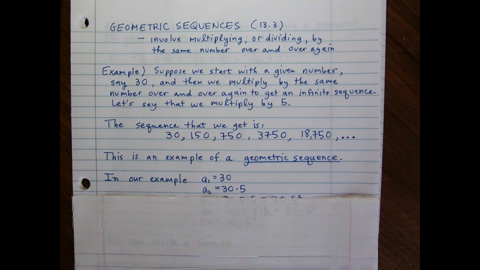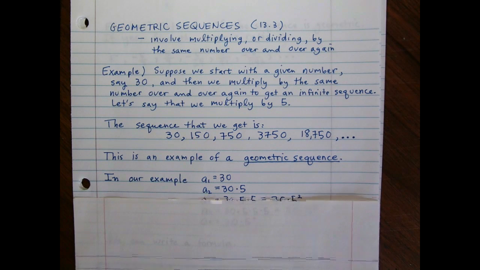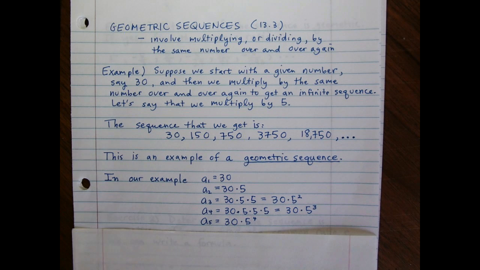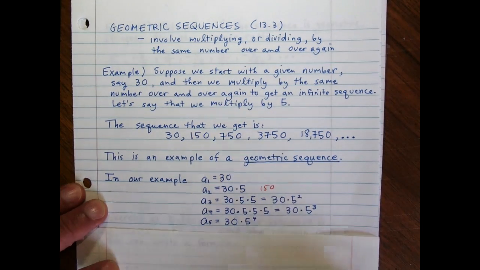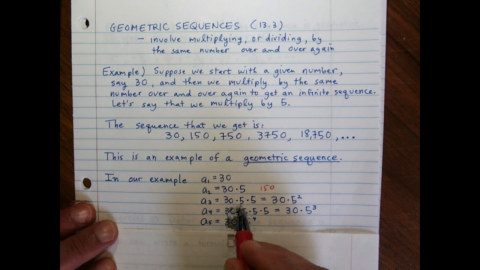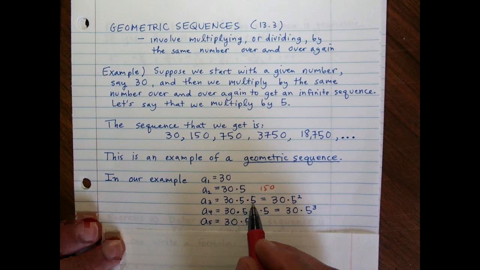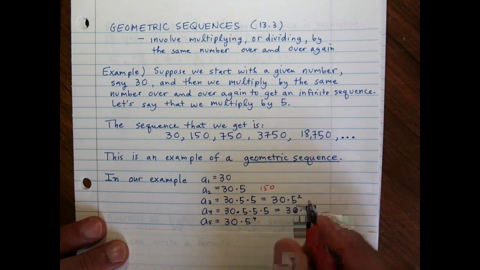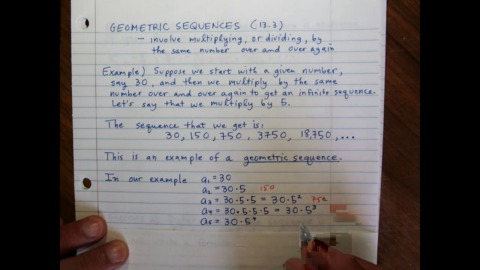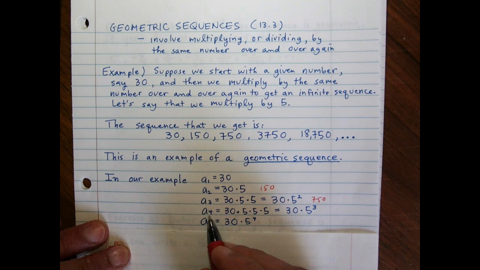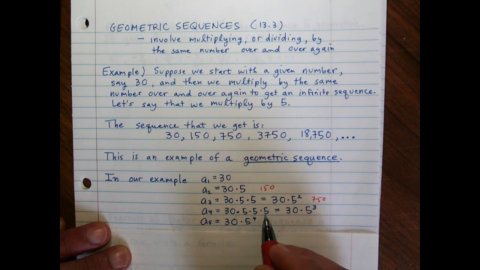In our example, a sub 1 is 30, a sub 2 is 30 times 5, that's just our 150, right? A sub 3 is that 30 times 5 again, which can be thought of as 30 times 5 squared, that's the 750 value. A sub 4 is 30 times 5 times another 5.